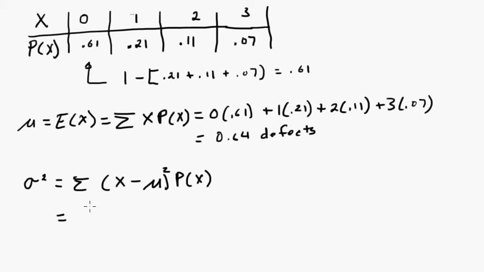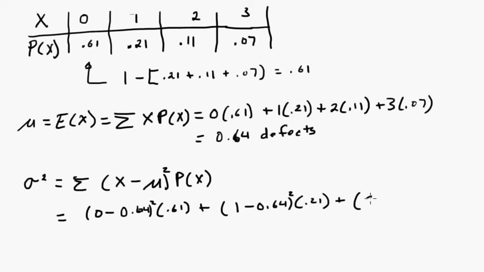So that's going to be 0 minus 0.64 squared times the probability, 0.61, plus 1 minus 0.64 squared times 0.21, plus 2 minus 0.64 squared times 0.11, and then finally plus 3 minus 0.64 squared times 0.07.